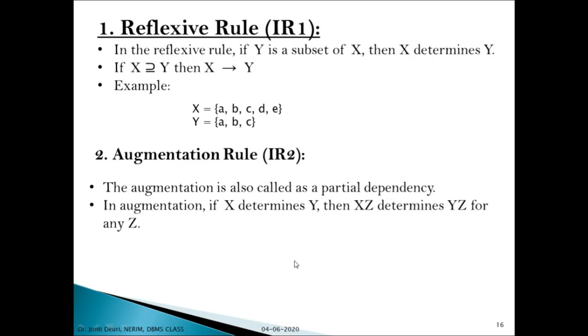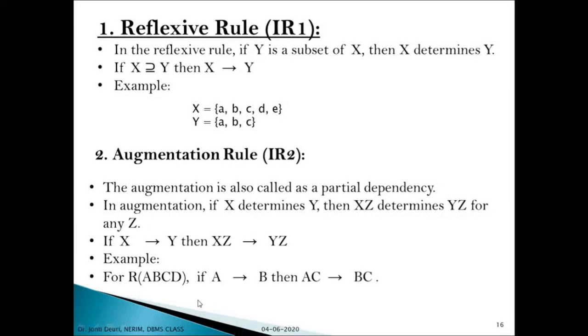Z may be anything, but it can be added with X and with Y also. So if X determines Y, then XZ can also determine YZ. This is the augmentation rule.